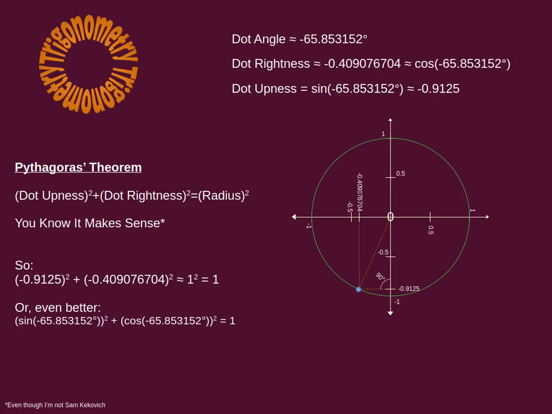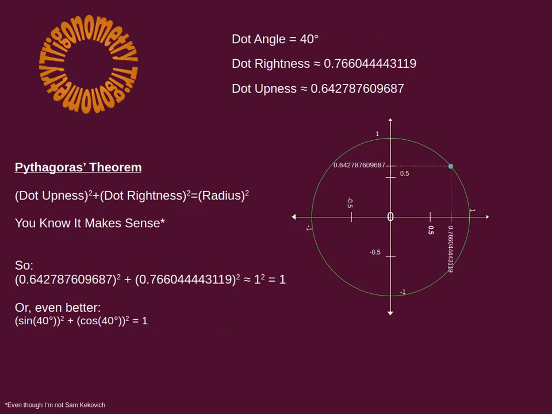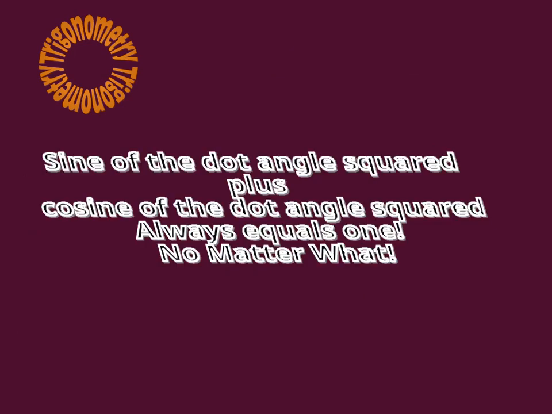And moving back through our previous examples, we can see that this rule holds no matter where we put the dot on the circle, because the diagonal is always our hypotenuse, and our rightness and upness are always the other sides of the triangle. And so we have discovered another rule. The sin of the dot angle squared plus the cos of the dot angle squared always equals 1. That is always true, no matter what.